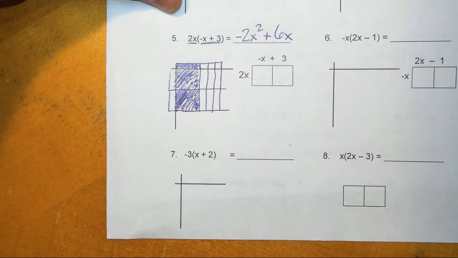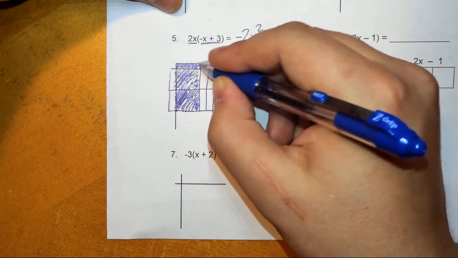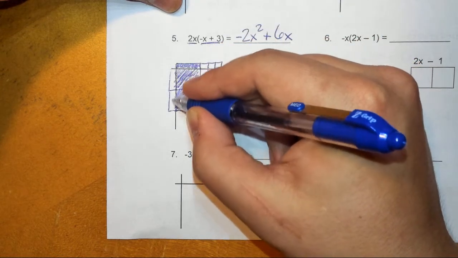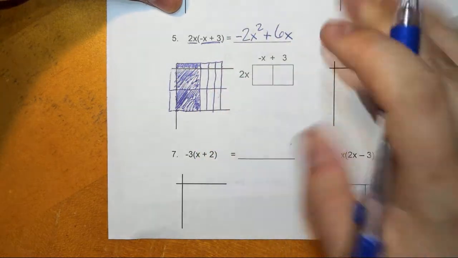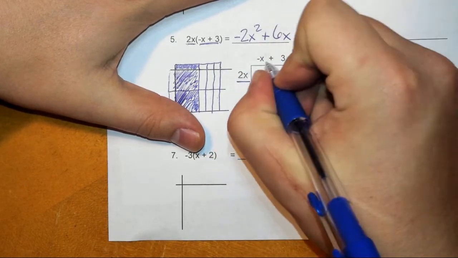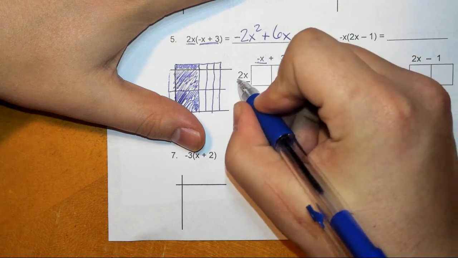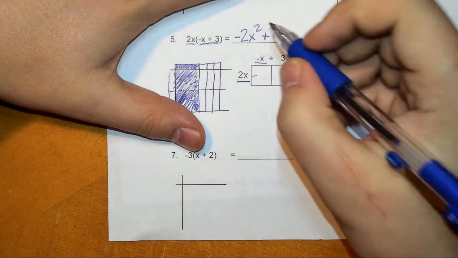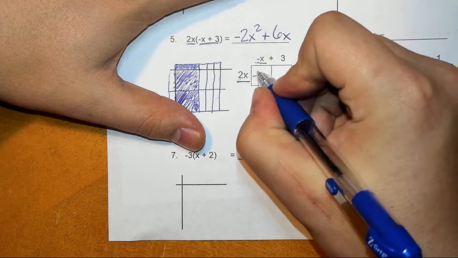Again, when you're finding the product using the tiles, this model here, you don't count the outside. Don't count your factors out here. Just count what's on the inside right here. Okay, using the box, same kind of deal here. We got 2x times negative x. Well, a negative times a positive makes a negative. The coefficients here, I got 2 times a 1, really, so that'd be 2.